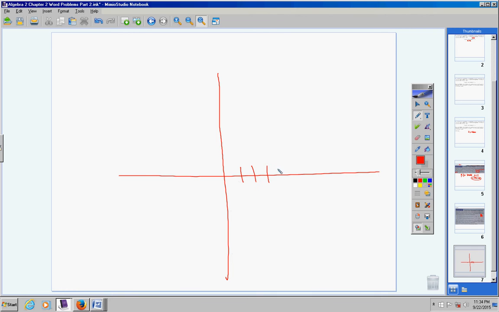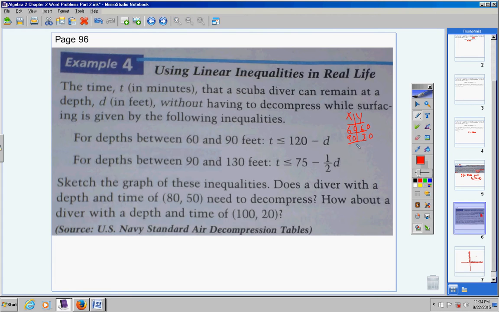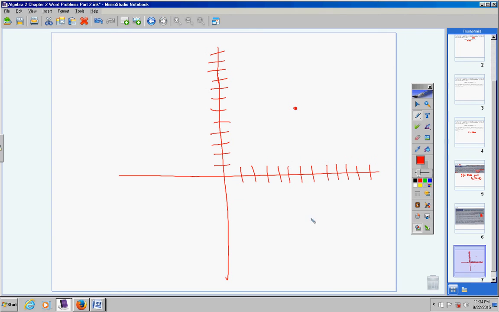Over 60, 70, 80, 90, and up 3. 60, 60 is one ordered pair, and 90, 30 is another.